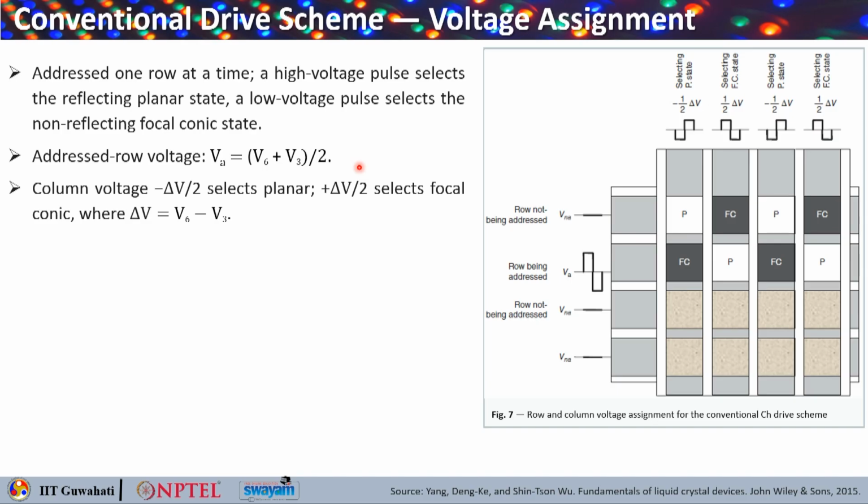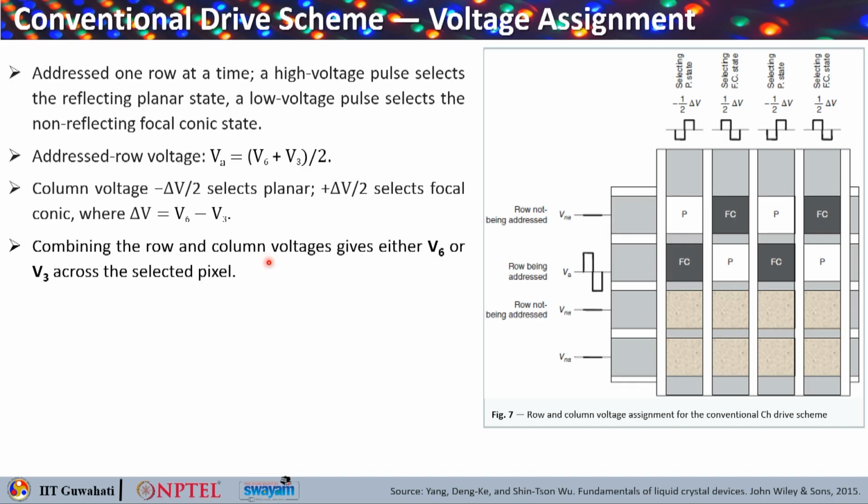If you put the column voltage to be minus delta V by 2, that will select planar, and if you take the column voltage to be plus delta V by 2, that will select focal conic. So what is delta V? That is the difference between V6 and V3.